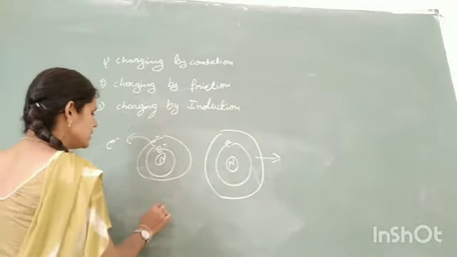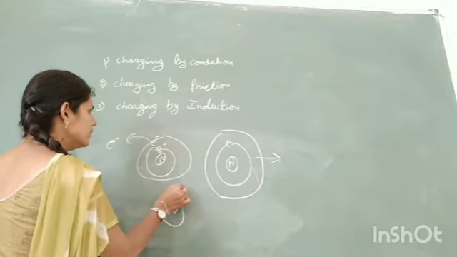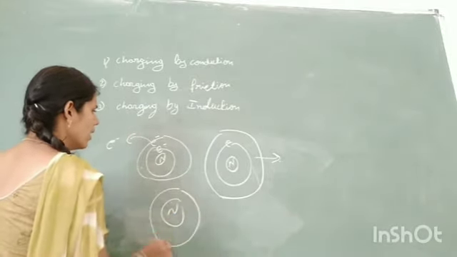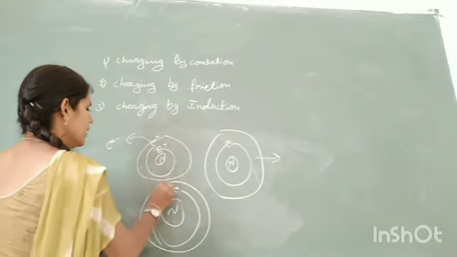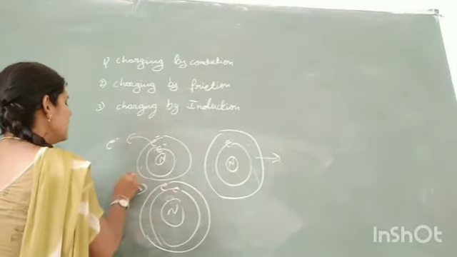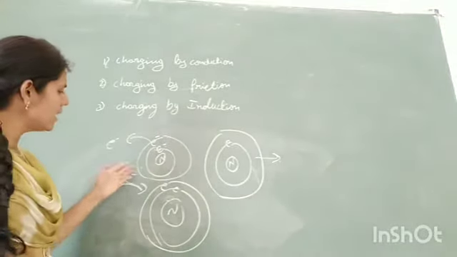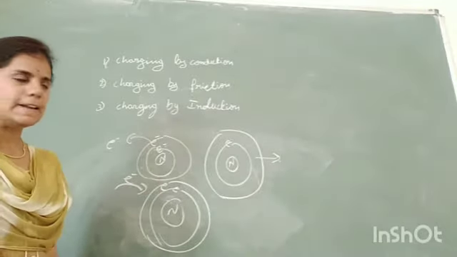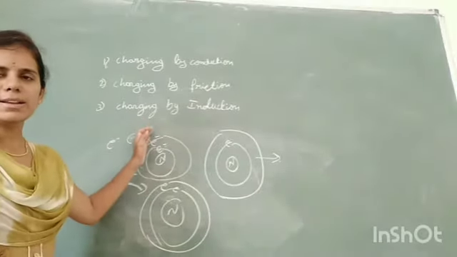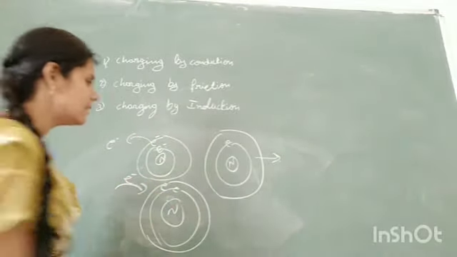Next, consider the other case, where I am adding an electron. In the above case I am removing an electron; here I am adding an electron. There is an extra electron present. In the above case one electron is missing, and here one extra electron is present.